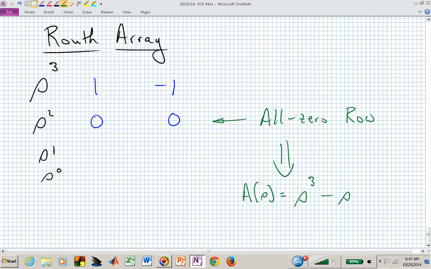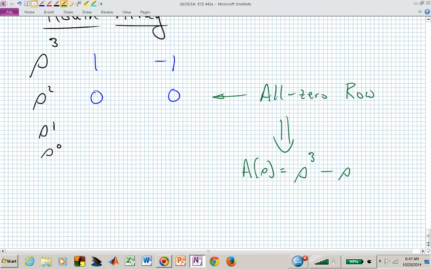But you don't need to know that necessarily in this process. We just go 1 row above the all 0 row, create our auxiliary equation, differentiate this with respect to s, and now we can use those to modify our all 0 row.